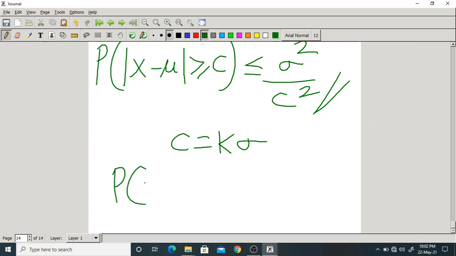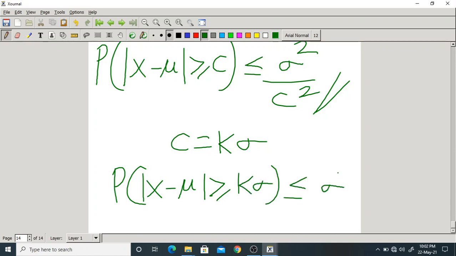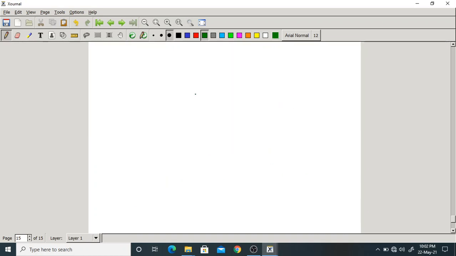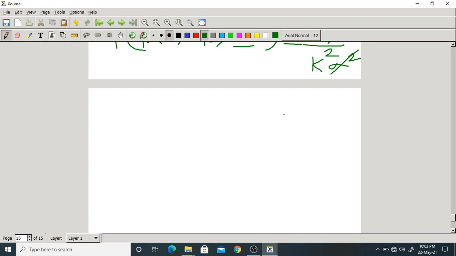Probability that mod x minus mu greater than or equal to k sigma is less than or equal to sigma square by k square sigma square, both cancel, so that is less than or equal to 1 by k square.